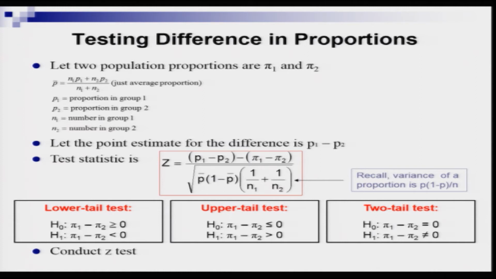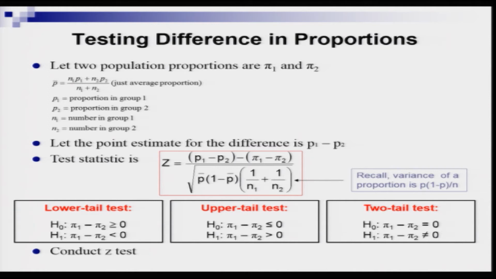So, let two population proportions be pi 1 and pi 2, and then I define something as p bar, that is a new thing that we are defining in this course, and that is basically a weighted average of the sample proportions. So, here if I am dealing with two groups, group 1 and group 2, the sample proportions are p 1 and p 2. So, what is p 1 and what is p 2? So, if there are x 1 number of elements satisfying some criteria out of n 1 sample in group 1, then p 1 is defined as x 1 divided by n 1, and similarly one can define p 2 as well.